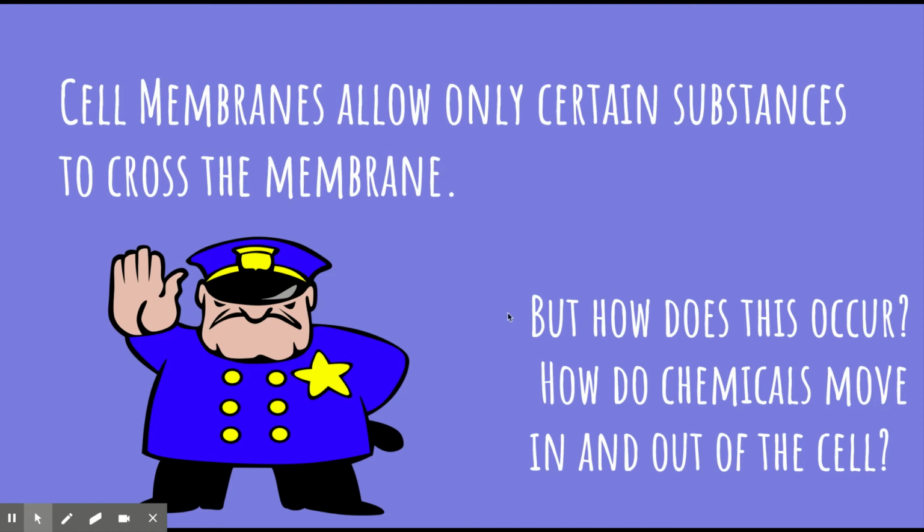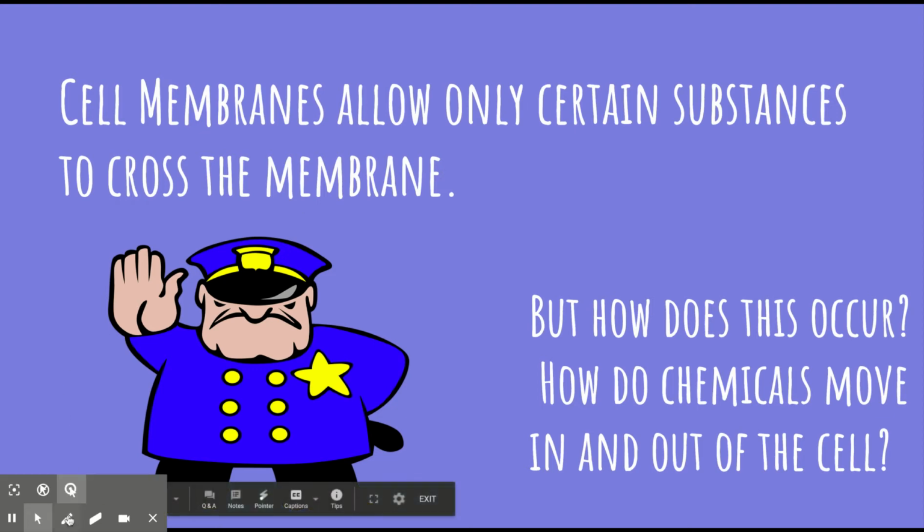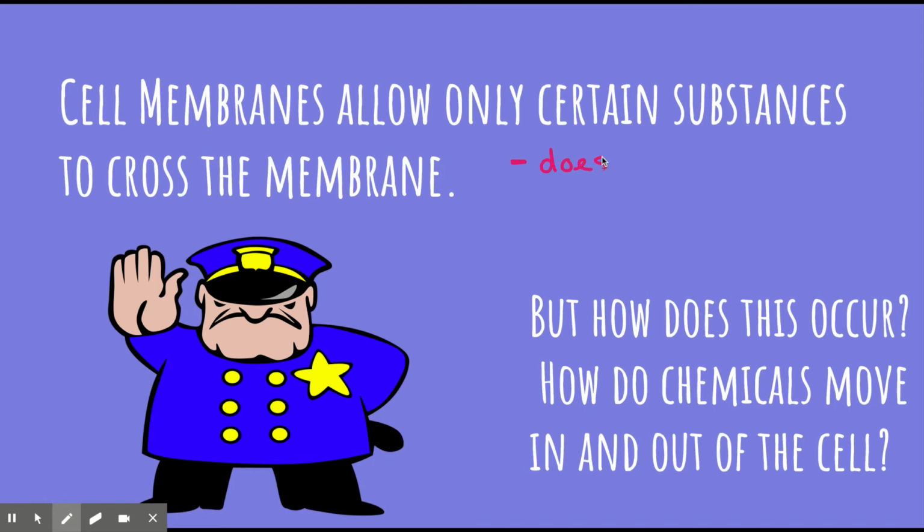We are going to talk today specifically about passive transport. Passive transport is a type of transport across a membrane that does not require any energy exertion from the cell.